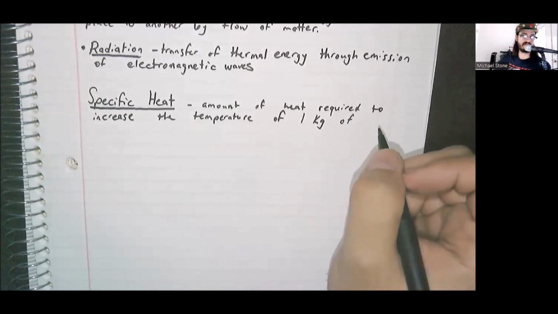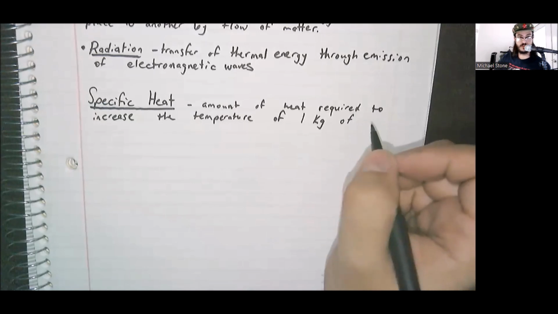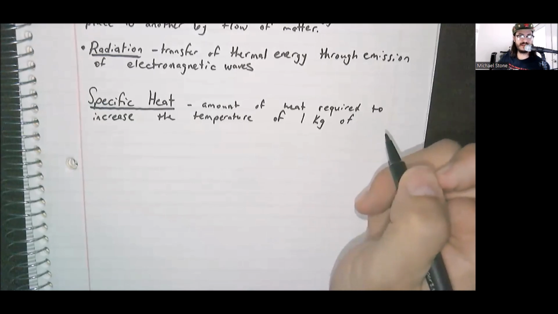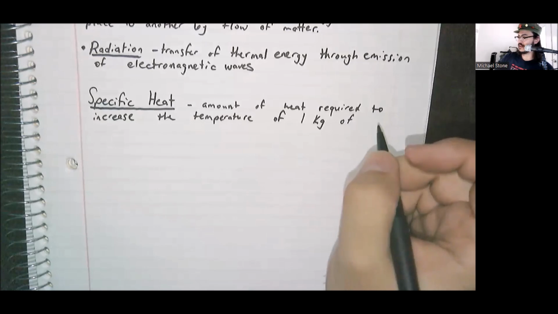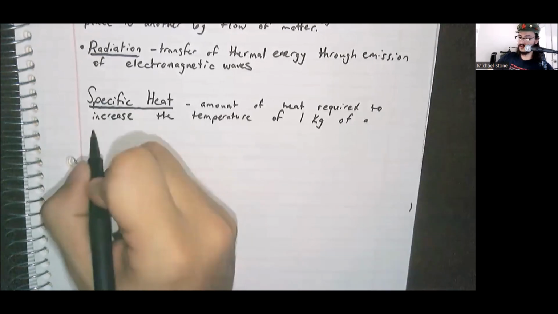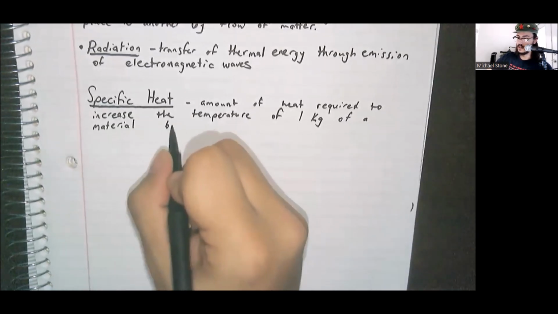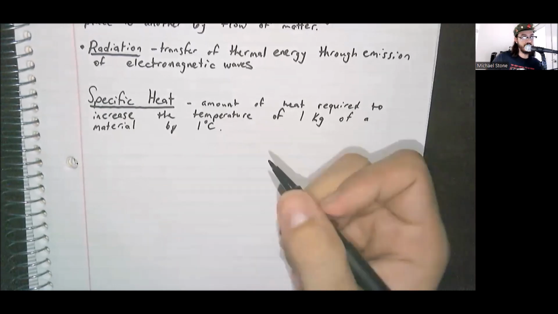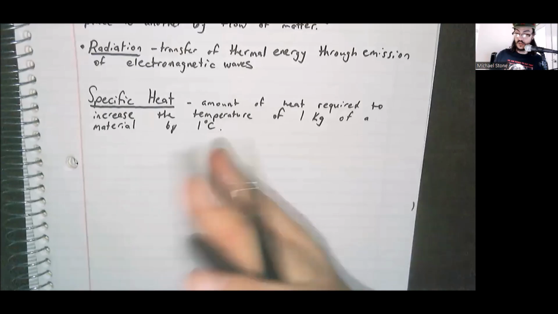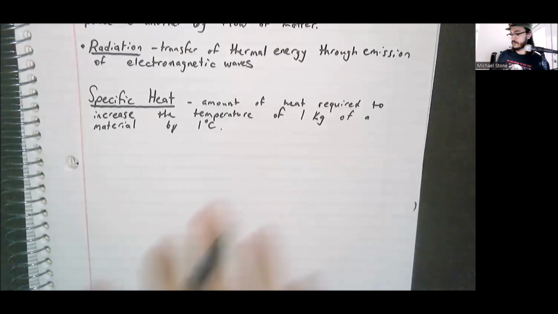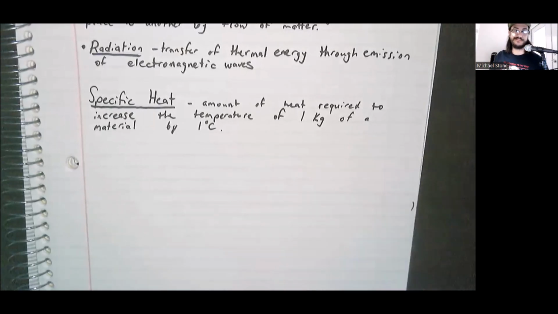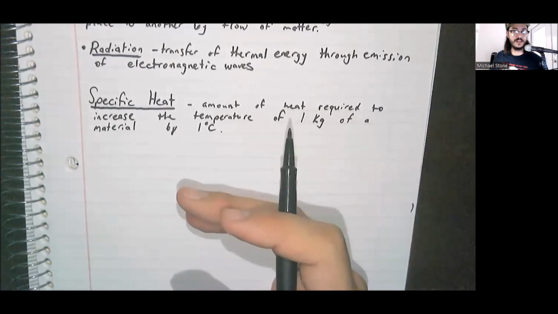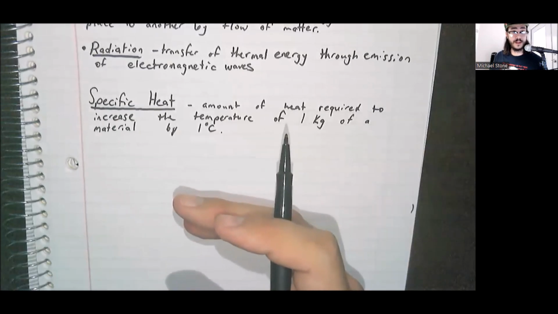But just take a look at the units, get them to play well with the ones that you have. And most of the time, they just end up canceling out anyway. Of a material by 1 degree Celsius. And remember that 1 degree Celsius is the same amount of temperature difference as 1 Kelvin. So again, as long as they agree with each other in the problem so that they cancel out where appropriate, you're fine.